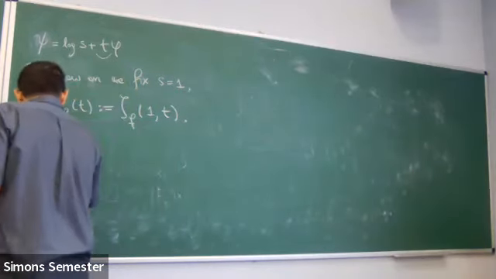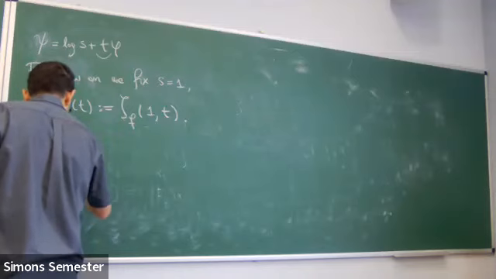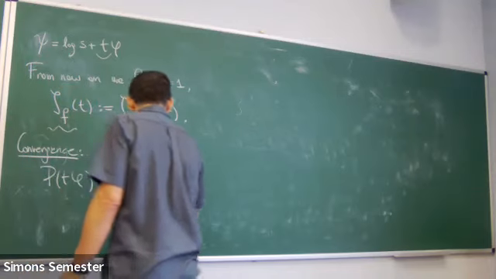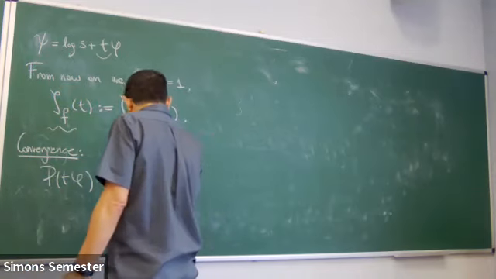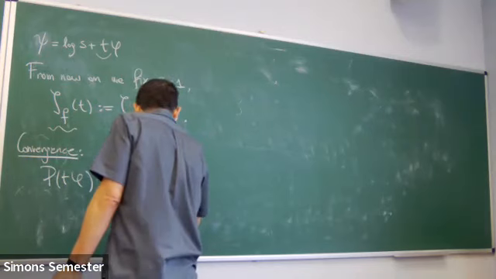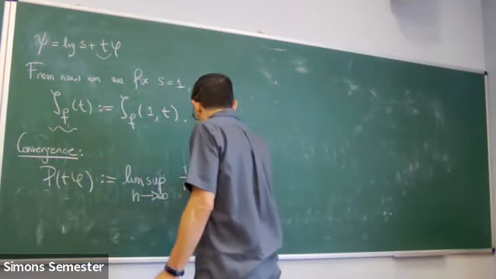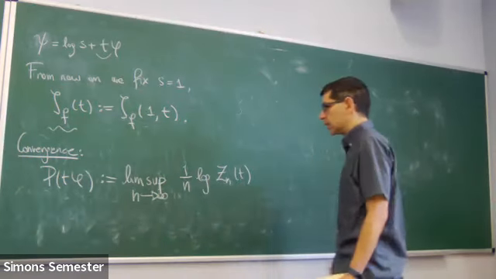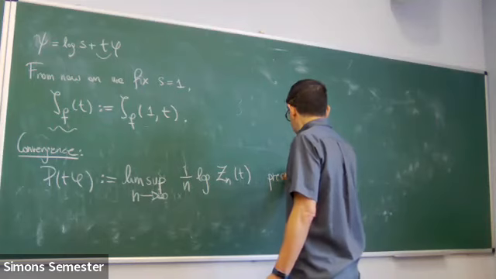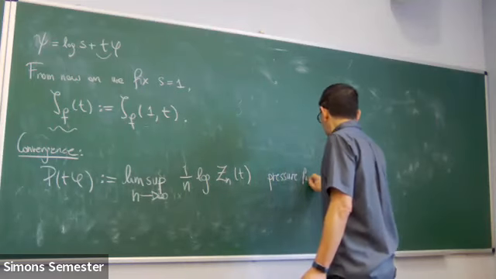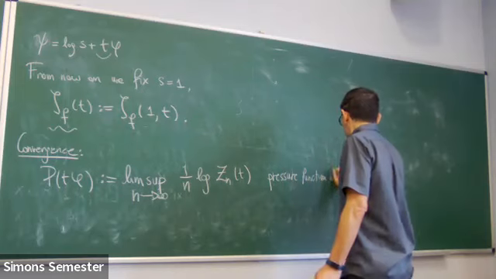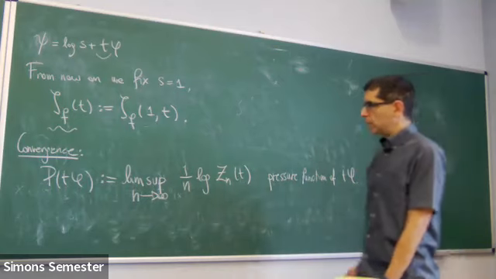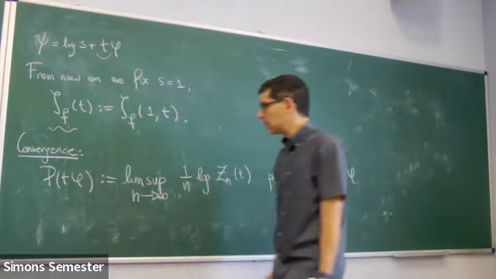So we want to look at the limit as n goes to infinity of 1 over n log of the partition function, so this is the pressure function of the potential.